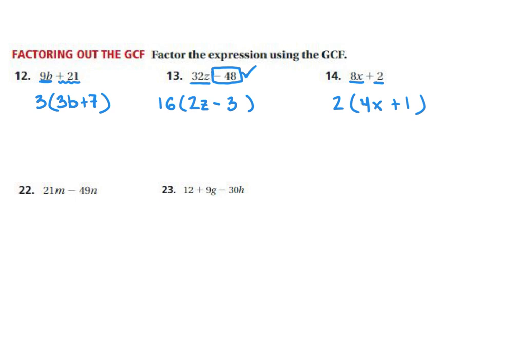For number 22, the greatest common factor is 7. 7 times 3 is 21, so 7 times 3m is 21m. And then 7 times negative 7 is negative 49. So 7 times negative 7n is negative 49n.